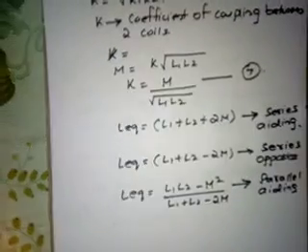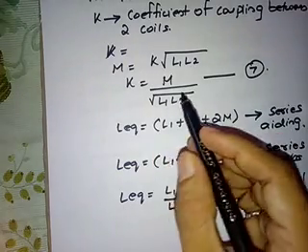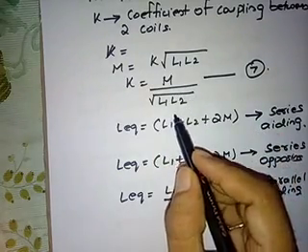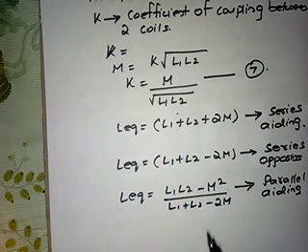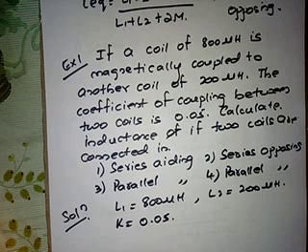K is equal to square root of K1 K2, or K is equal to M divided by square root of L1 L2. Then we wrote the equations for series aiding, series opposing, parallel aiding and parallel opposing. Then we solved a problem on the coefficient of coupling between two coils, right? Hope everybody has understood, students.